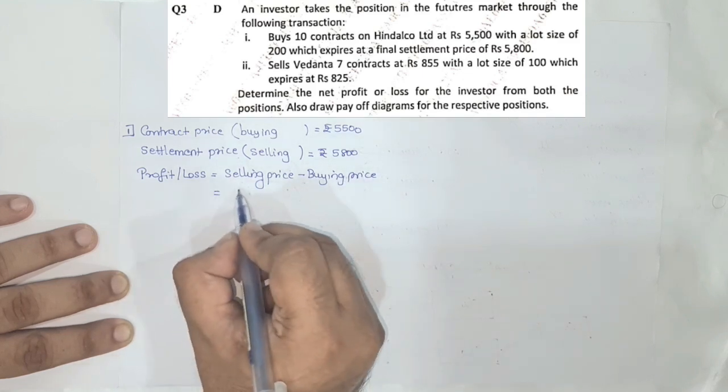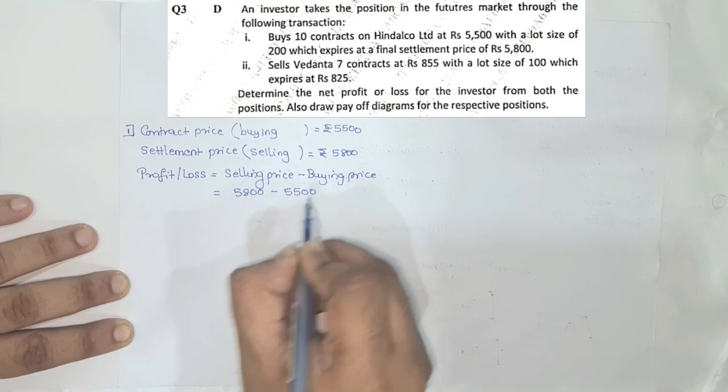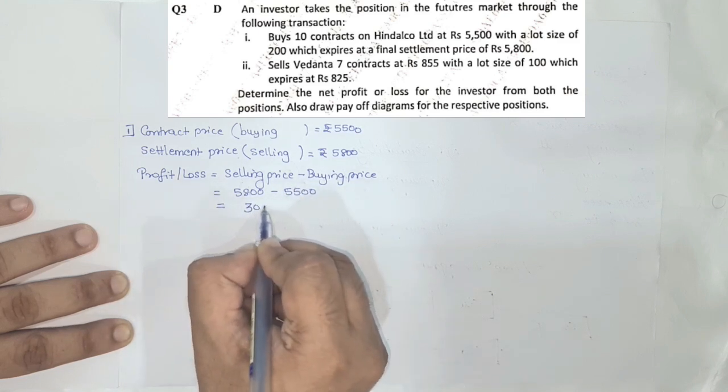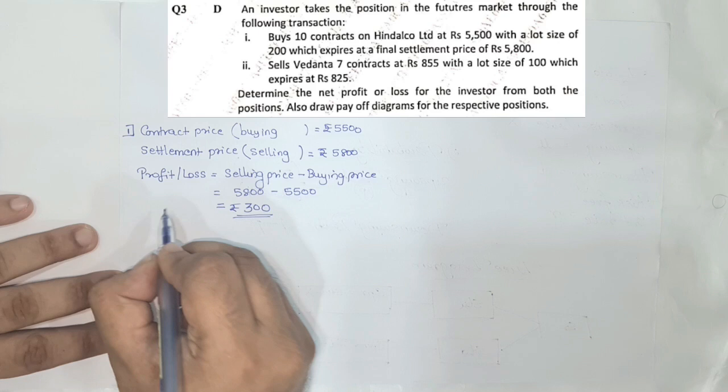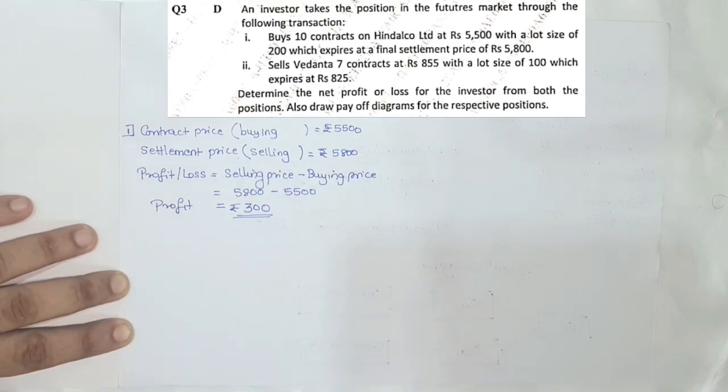Our selling price is 5,800, buying is 5,500. In this case, we have a positive difference of 300. So that 300 is nothing but a positive value, so that is our profit. We got a profit of 300.